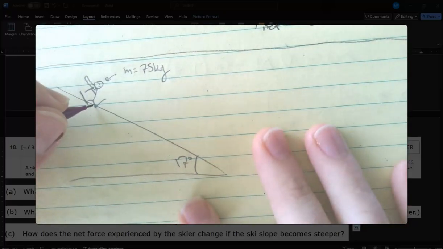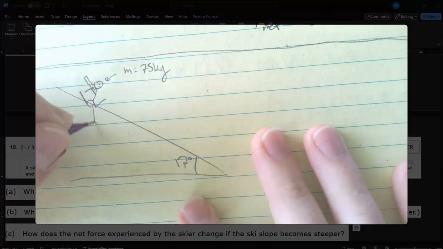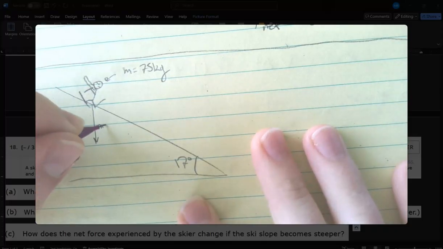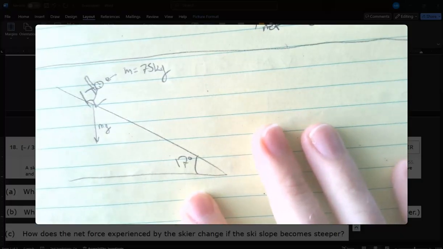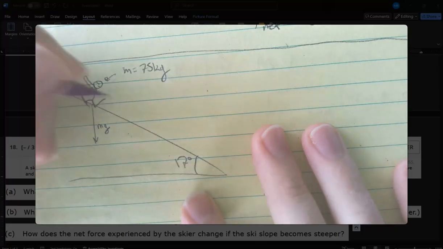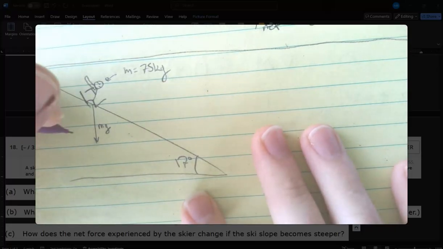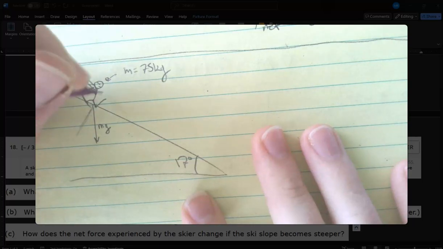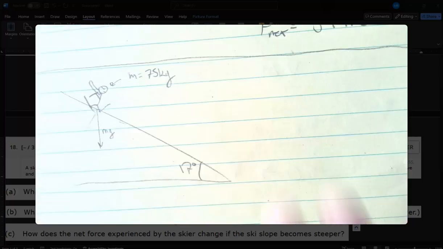So in this case, force of gravity is a force that moves towards the surface. This is my force of gravity, which is mass times the acceleration due to gravity. We have two components. One component is what's known as the normal force, the force acting perpendicular to the slant here. We're not really worried about that.